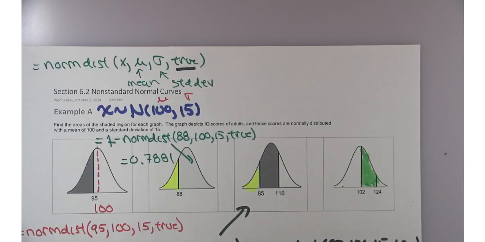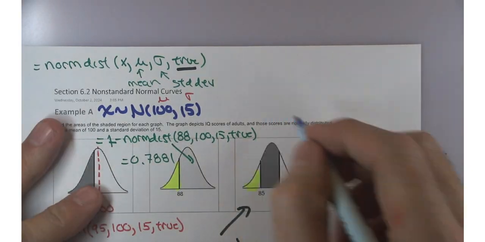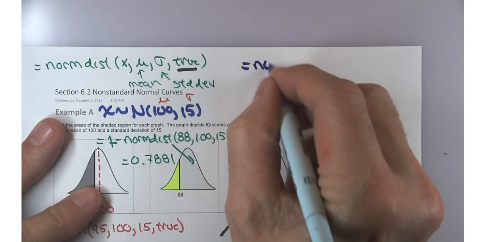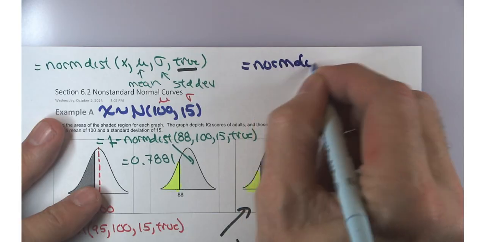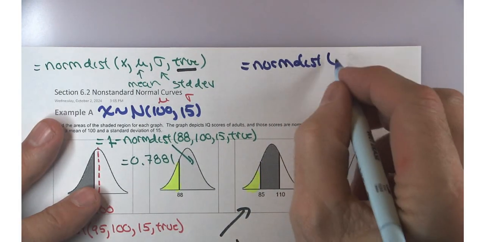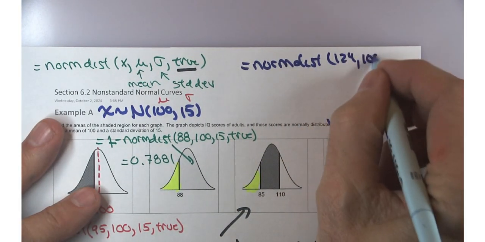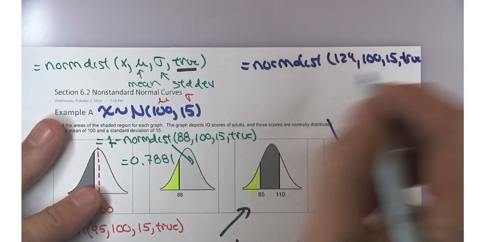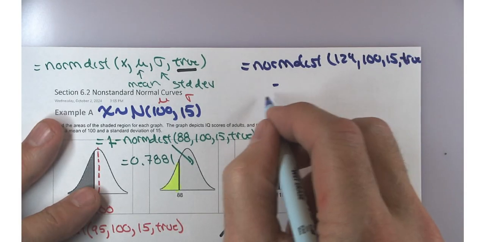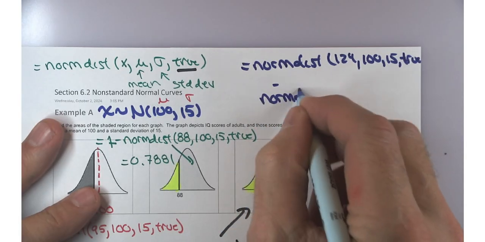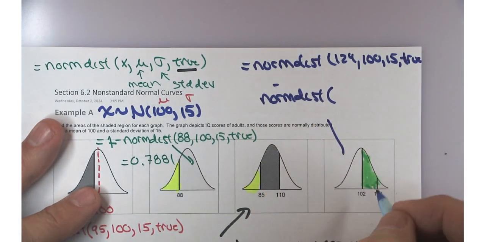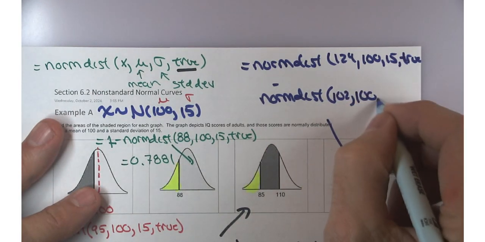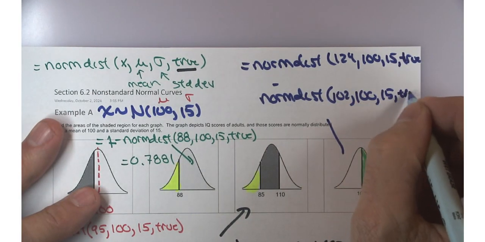I need another color pen here. So we'll do that one up here. That's going to equal norm distribution of 124, 100, 15, and then true, minus norm distribution of 102, 100, 15, and true again.